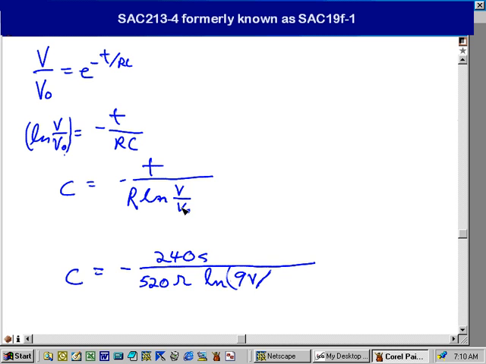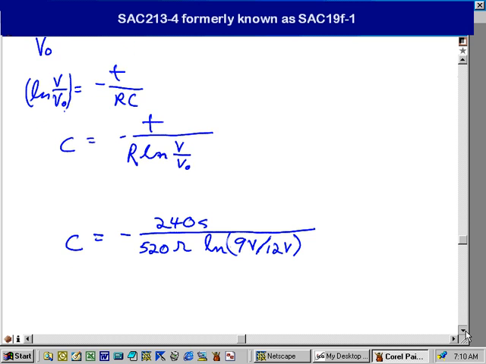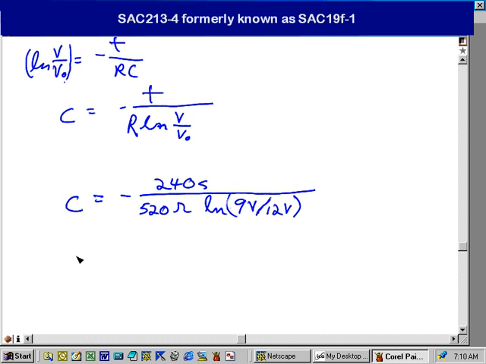And then divided by the initial voltage, V0, which is 12 volts. Then we plug those values into the calculator. And I get 1.6 farads.